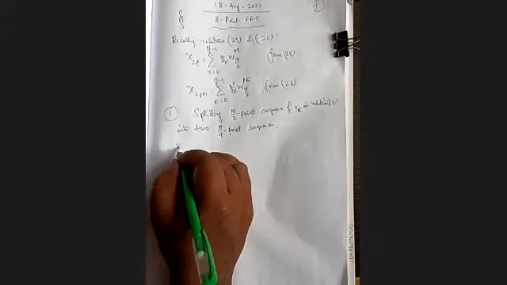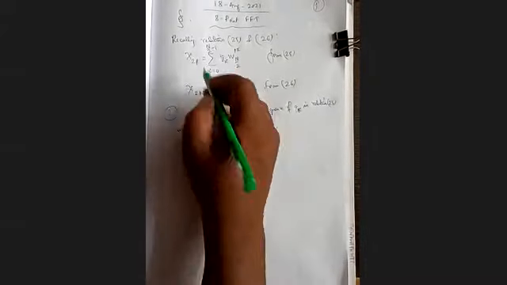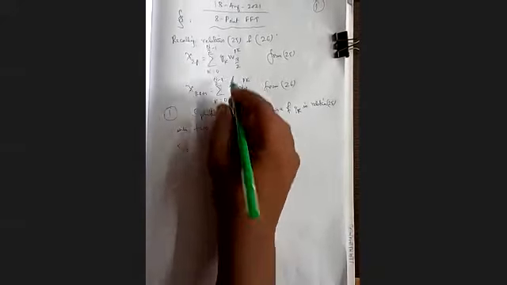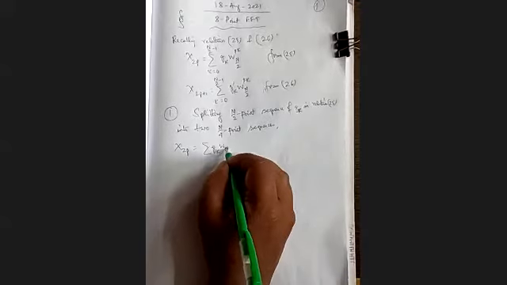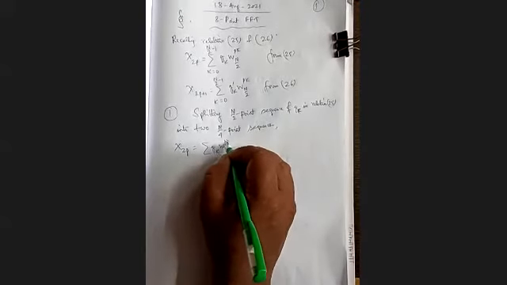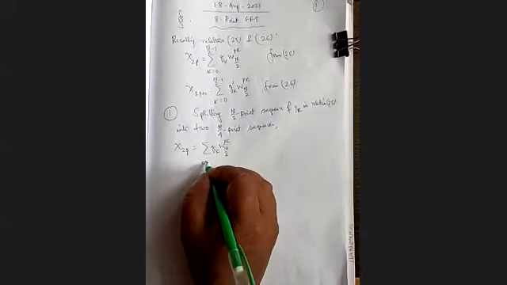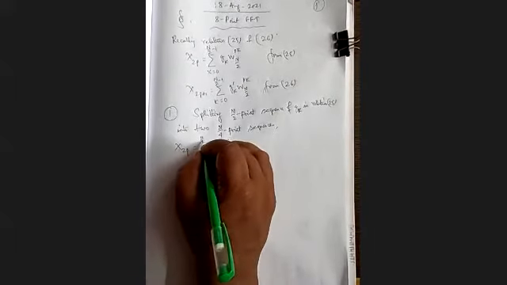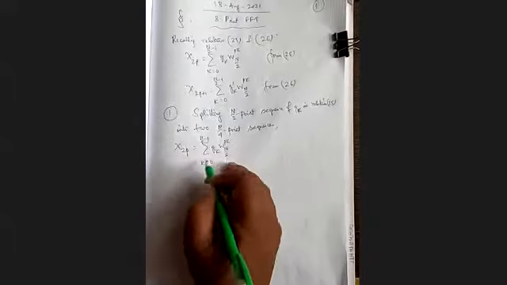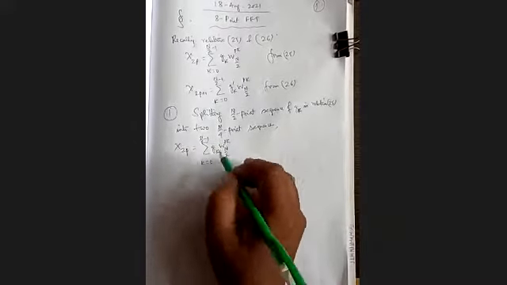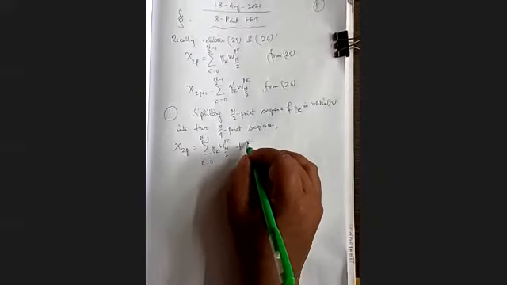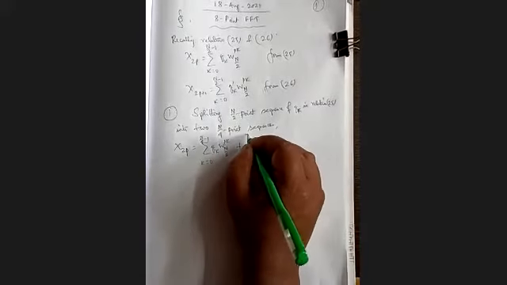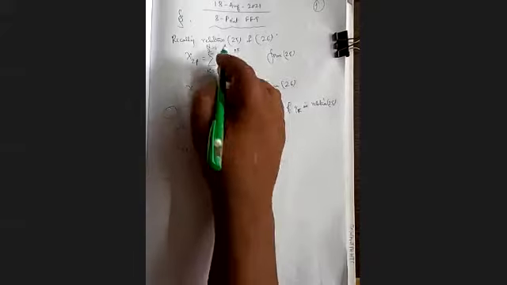It is X of 2p equal to summation g_k W_{n/2}^{pk}, where k is varying from 0 to n/4 minus 1, that is n/4 number of points, plus k varying from n/4 to n/2 minus 1.